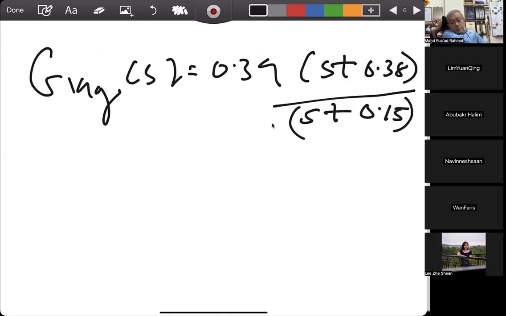Okay. That will give you the targeted phase margin. Okay.